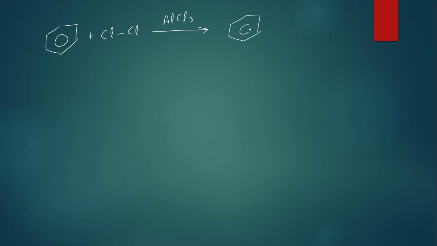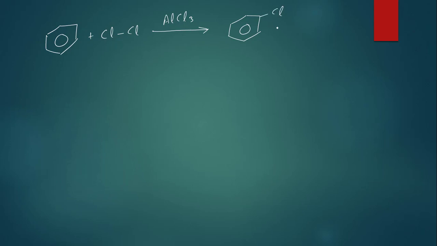Our next reaction is the reaction with chlorine. Just like this, we have this benzene reacting with Cl2 in the presence of AlCl3, and we will get this product, chlorobenzene.